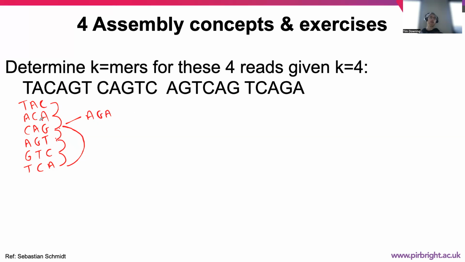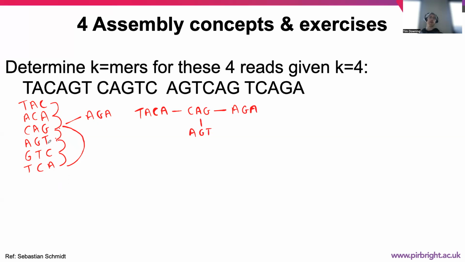So you're going to see that we have the graph, in a sense, represented already here, and we can merge some of these nodes like TCA, that's one node. So TACA is one, these first two, that connects to CAG, which can connect to AGA, but also it can connect to AGT.